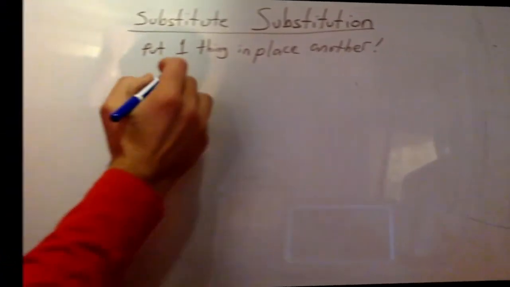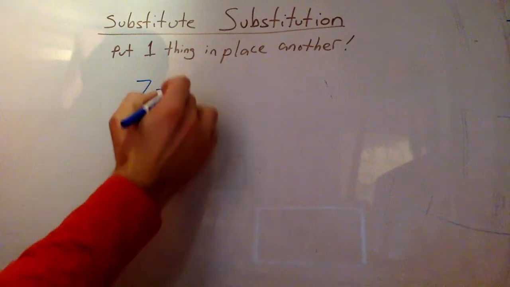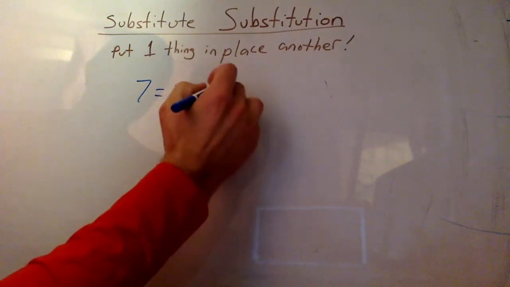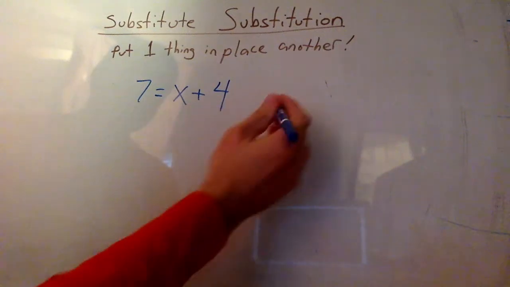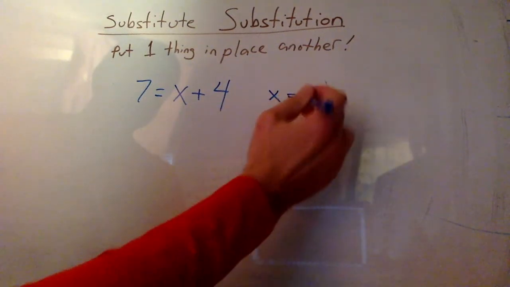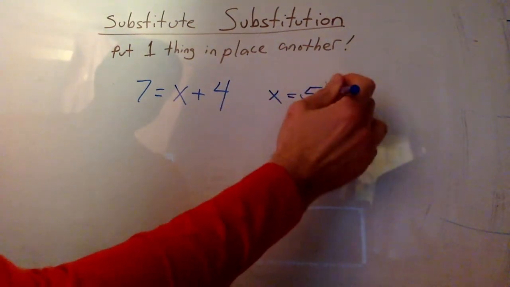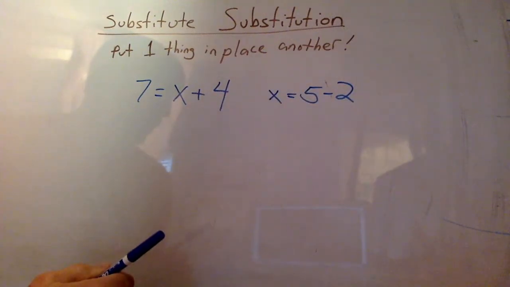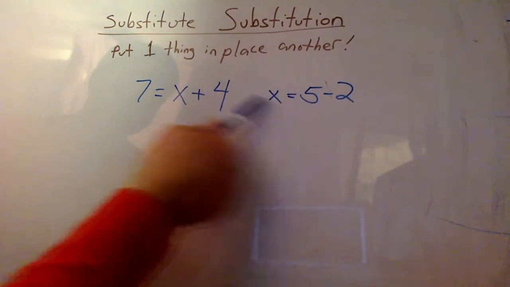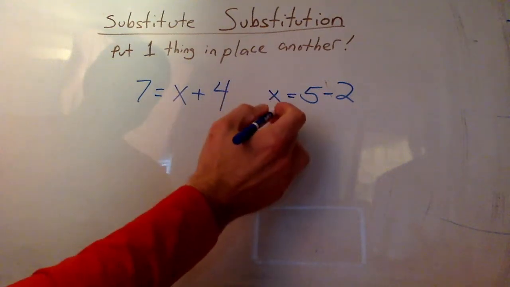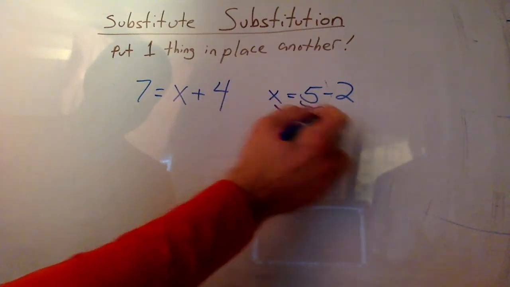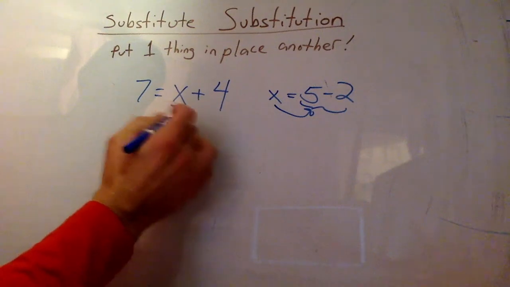Another example. What if I said 7 equals x plus 4? We know that x should be 3, but over here, what if I said x equals 5 minus 2? I can plug in, since I'm telling you these are a system, these go together, I can plug in this value for x in place of this x.